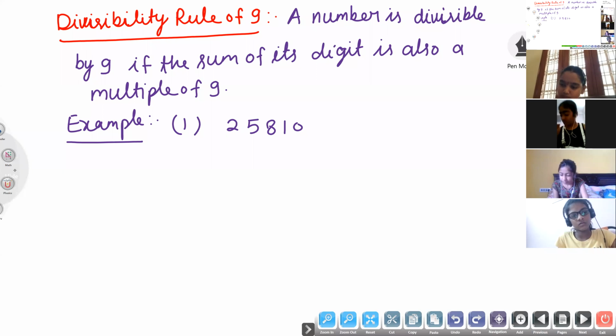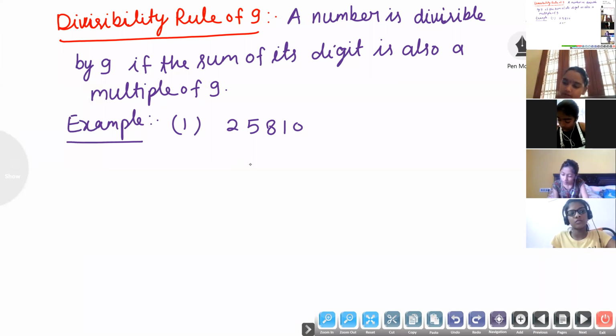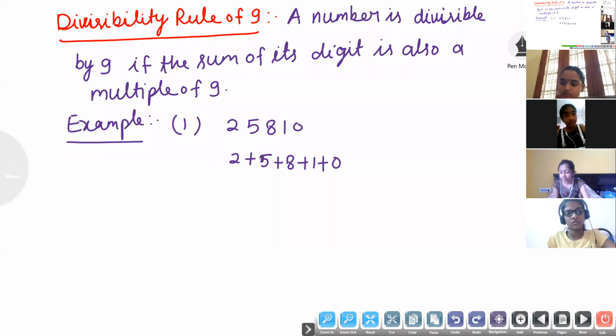I want to add all digits. The digits given are 2 plus 5 plus 8 plus 1 plus 0. 2 plus 5, 7. 7 plus 8, 15. 15 plus 1, 16. 16 will not come in the 9 table. Not divisible by 9.